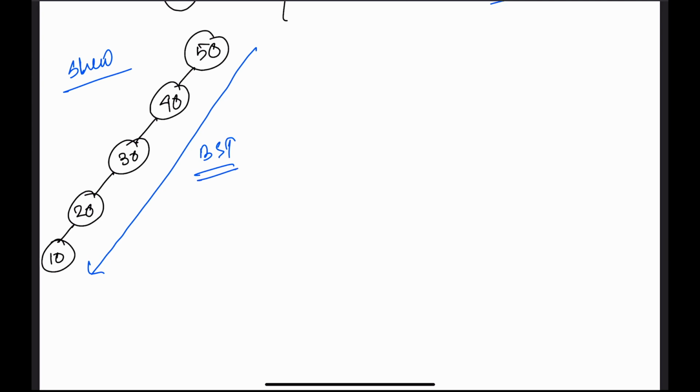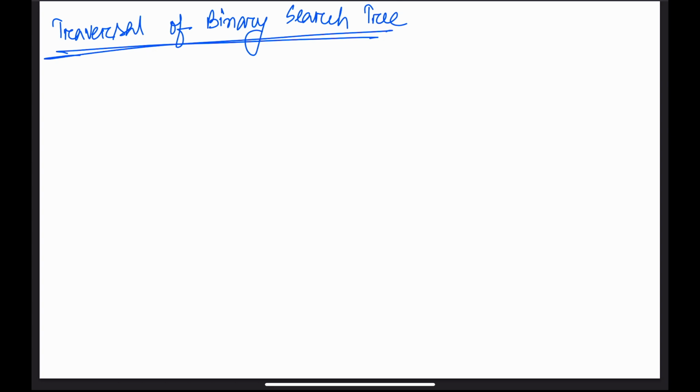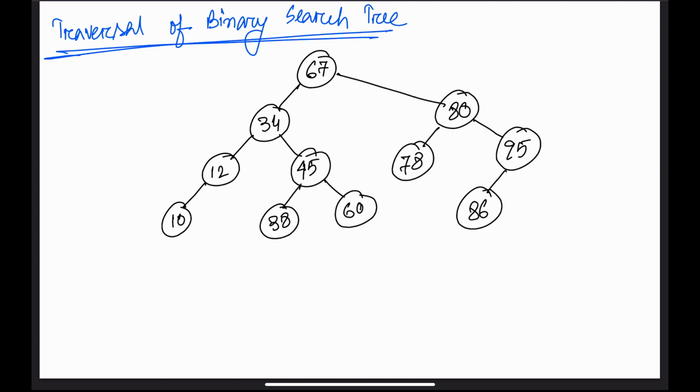Now let's go to the traversal of a binary search tree. So let's take an example. So this is a binary search tree, and let's implement the prefix first.